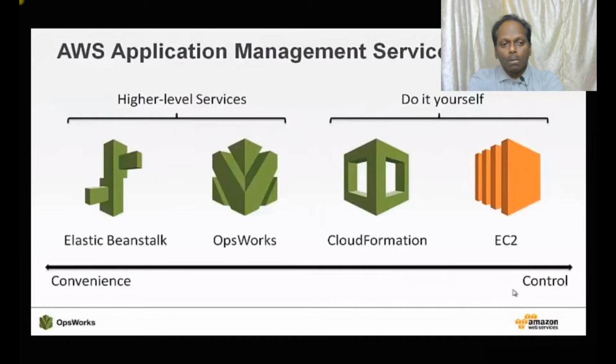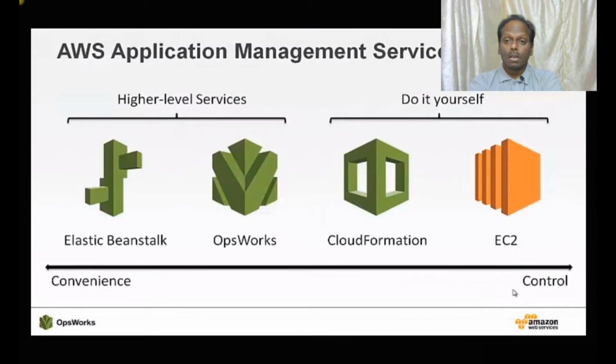Okay, so this is about the terminology of recipes. Now let us also discuss the higher level services which we had earlier, like EC2, CloudFormation, Beanstalk, and now OpsWorks. When you classify EC2 and CloudFormation, much more has to be done manually, ourselves.